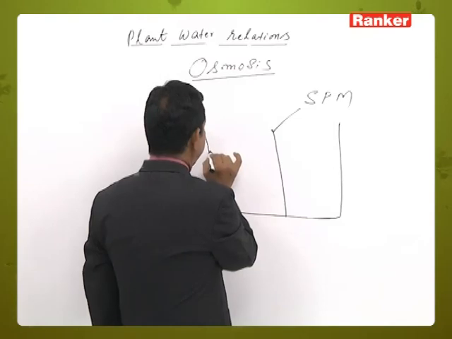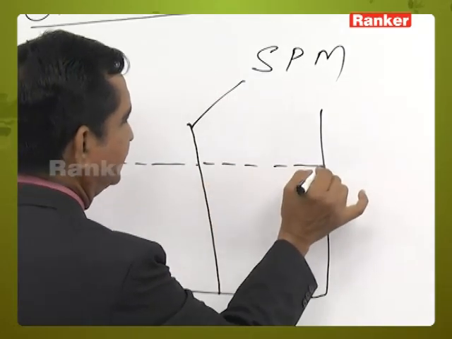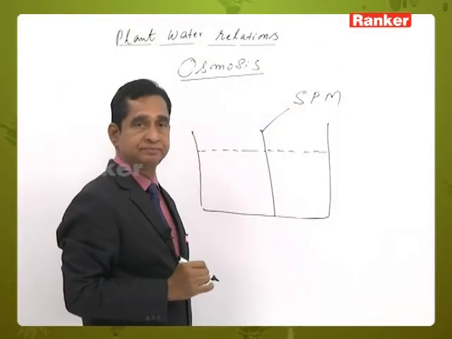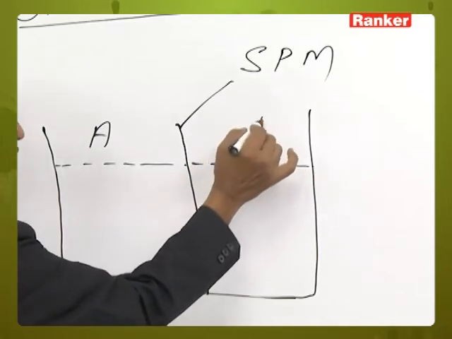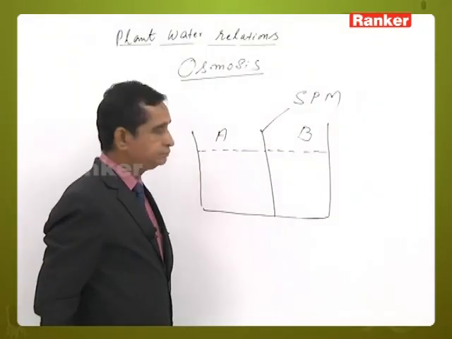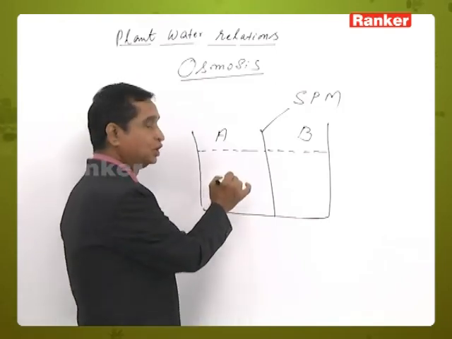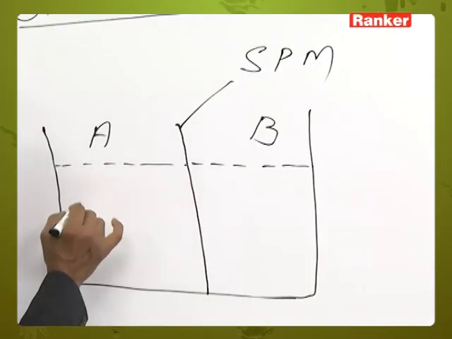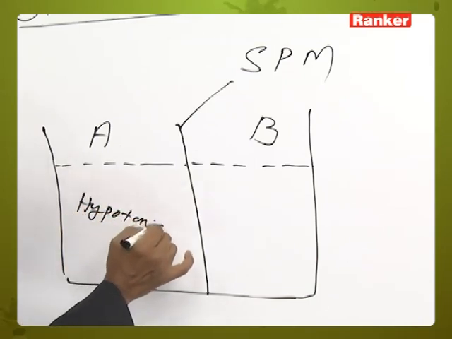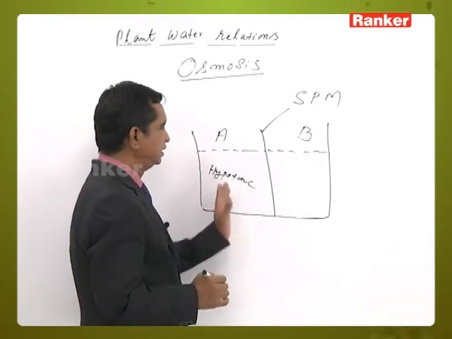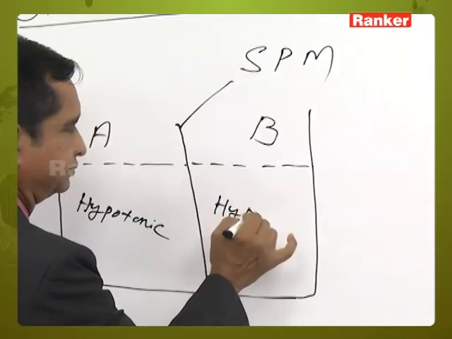and each compartment is filled with a solution. Let us call this compartment A and call this B. In one compartment, the solution is hypotonic. In another compartment, it is hypertonic.